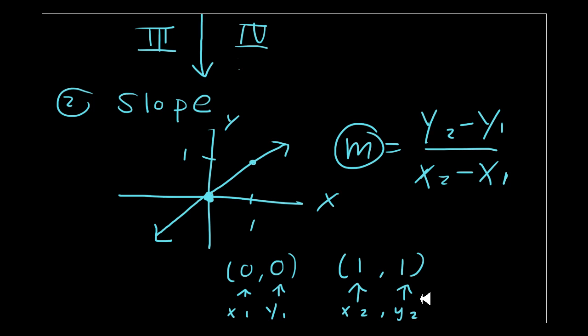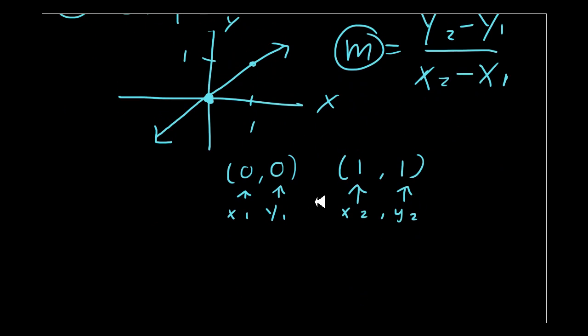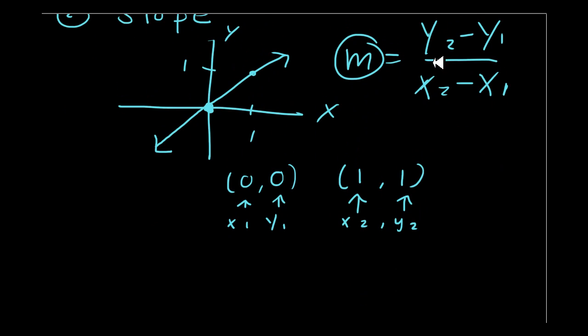Now let's follow the formula. What is the slope? y2 minus y1, so 1 minus 0, over x2 minus x1, 1 minus 0. This equals 1. So slope equals 1.